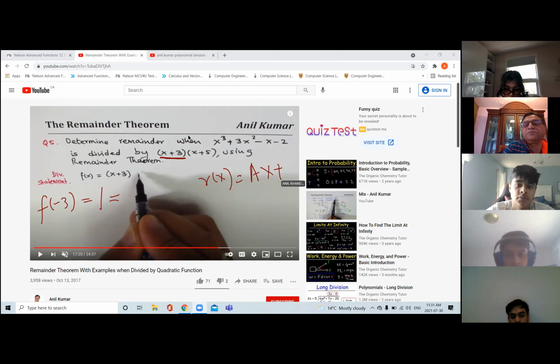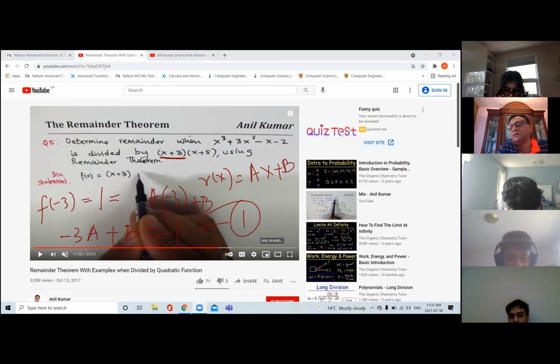Is that clear to you? So in this equation, I know 1 is the remainder, but my remainder should be ax plus b. So I'm writing this as a times x value, which is minus 3, plus b, right? Which gives me one equation, which is minus 3a plus b is equal to 1. Is this clear? I'm calling this equation number 1, correct?